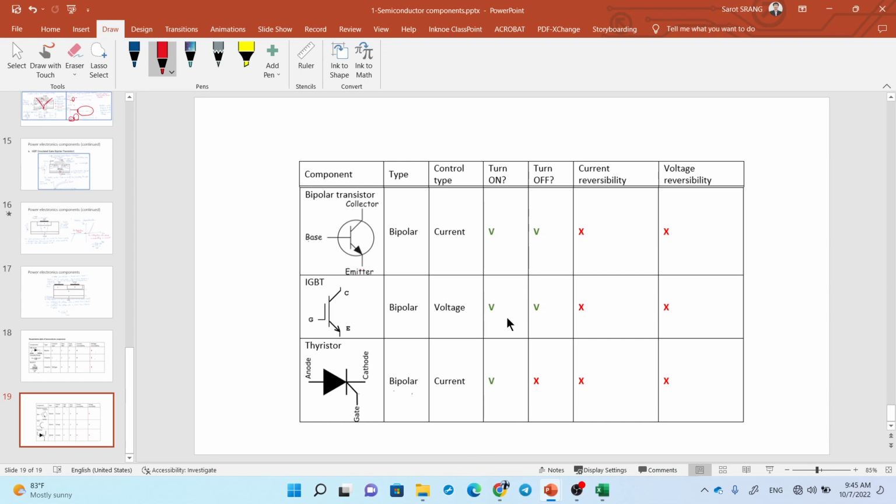Any question? Yeah, try to get familiar with the schematic, with the symbol.